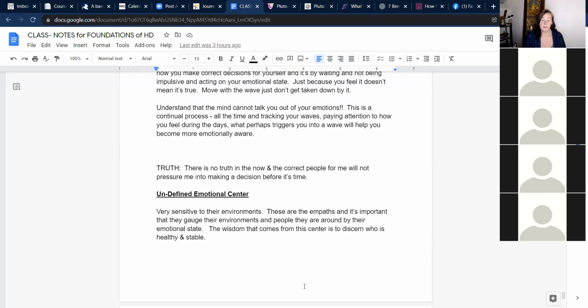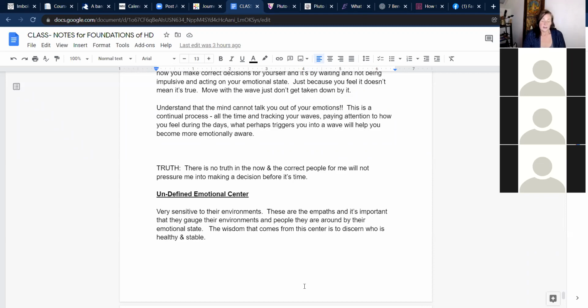The undefined emotional center, this is the other half of the people in the world, and they're very sensitive to their environments. Like I said earlier, these people are the true empaths, not that other people who are defined can't feel, but they're bringing in everything.